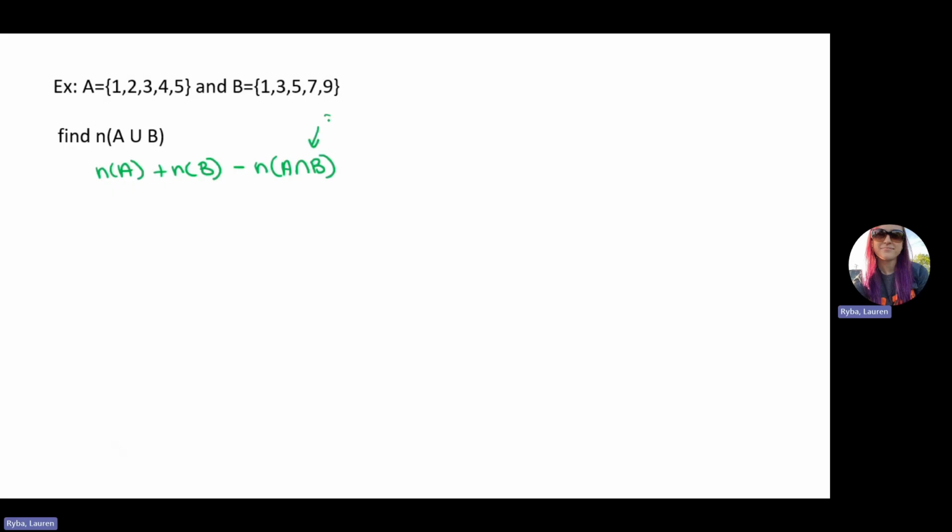So this is what they share in common. A has a total of 5 elements. B also has a total of 5 elements, right? There's 5 numbers in A, 5 numbers in B. Now, what did they share? They both have a 1, they both have a 3, and they both have a 5. So there are 3 in common. So 5 plus 5 is 10. 10 minus 3 is 7.